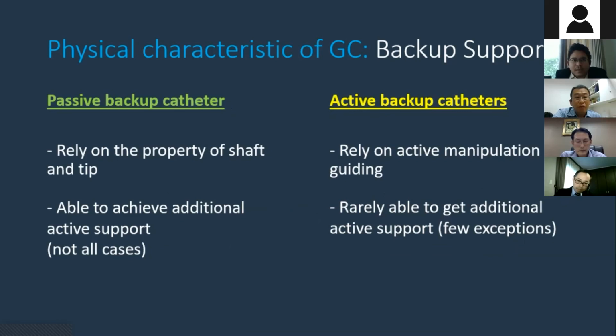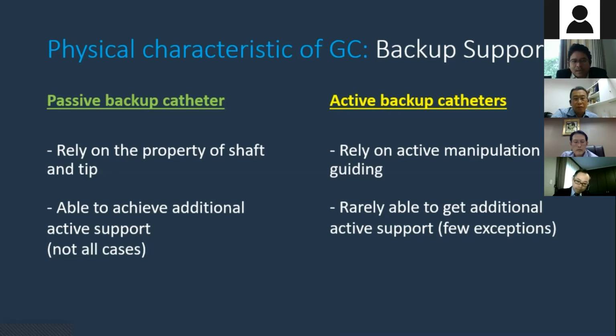The passive backup catheter relies on the property of the shaft and the tip of the catheter, but the active backup catheter relies on the active manipulation of the guiding catheter. And one point to know, if you use the passive backup catheter, you can get additional active support in almost all cases, but not all cases.